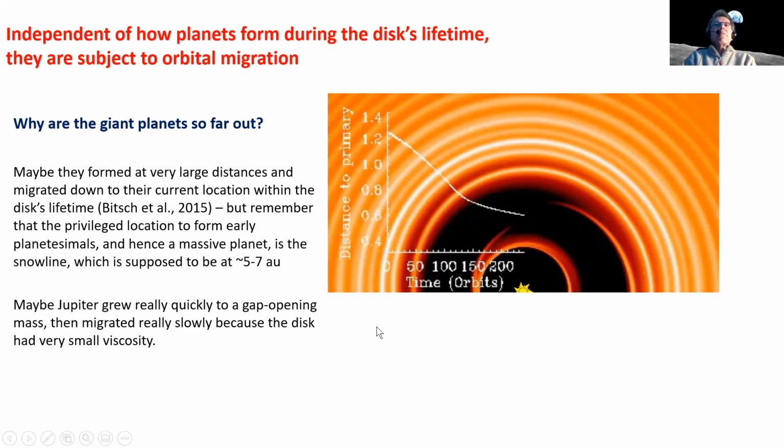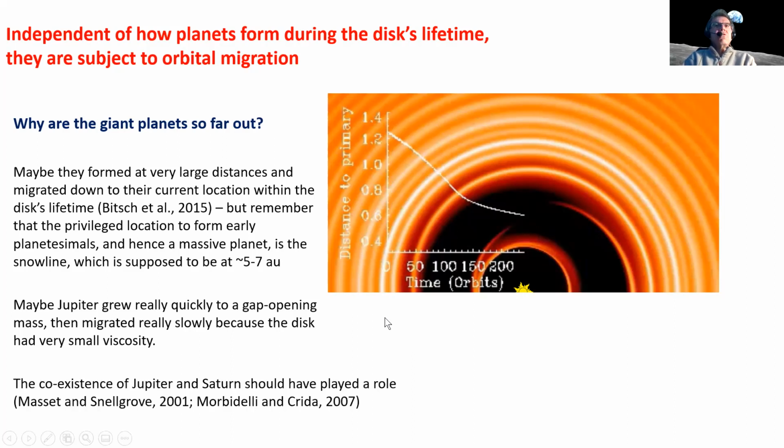For the solar system, though, I would like to point out that Jupiter is not alone. Jupiter is accompanied by Saturn, and it has been shown already in 2001, in other works and subsequent work, that the coexistence of Jupiter and Saturn in the disk changes the migration pattern by a lot.